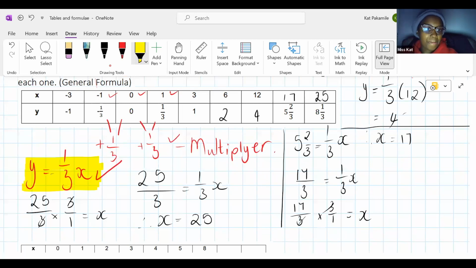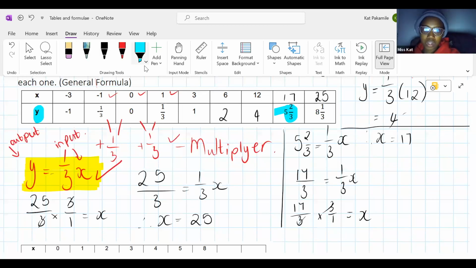Remember, y represents our output and x is our input. Now you have to look on your table, what did they give me? In this case, 5 2/3 is your y, which is your output. So in your formula, you substitute 5 2/3 where you have y.